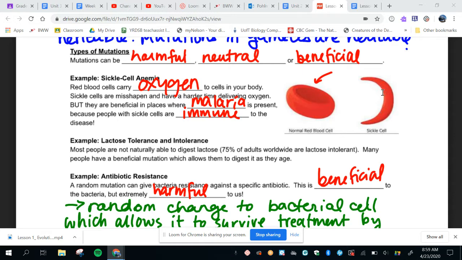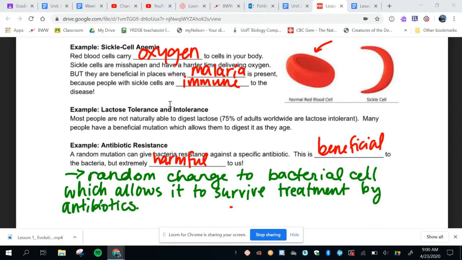So in that particular environment, a normal red blood cell is actually not as beneficial to you as having a sickle cell. That would be a great example of location-based evolution. Places where malaria is prominent are going to have more of this sickle cell. And I will talk more about that later on, in lesson 1.